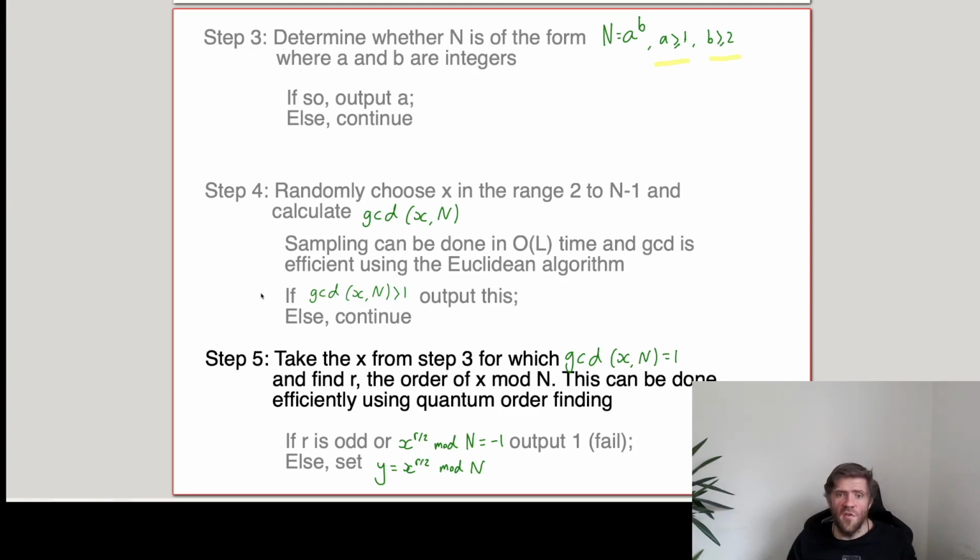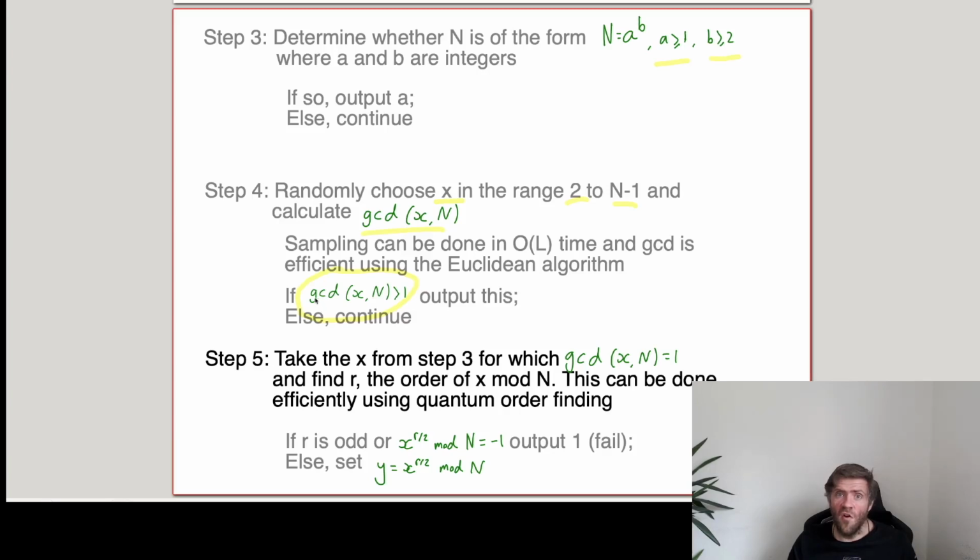Step 4, we prepare for Shor's algorithm. So we randomly choose a value x in the range from 2 to n minus 1 and calculate the greatest common divisor of x and n. If the greatest common divisor of x and n is greater than 1, then we have found a factor. So that's good.